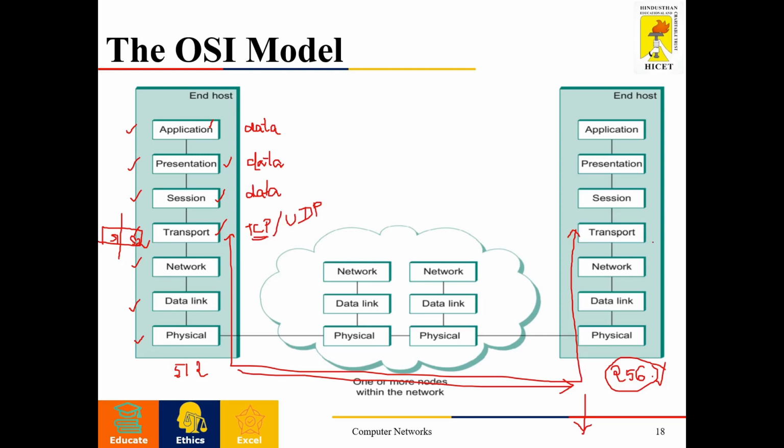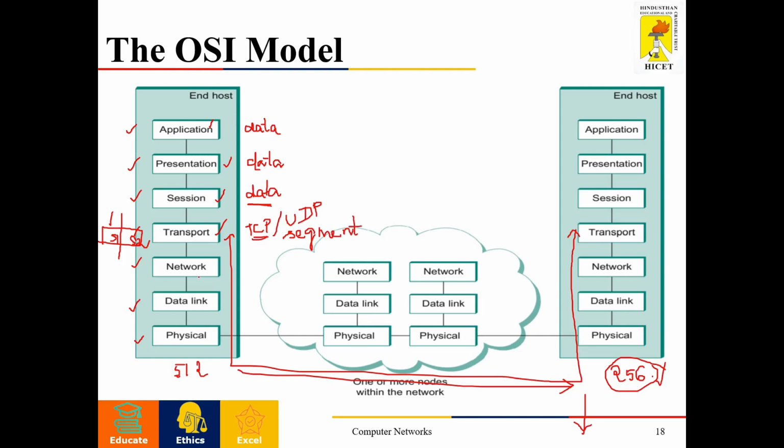Once they reach the destination, reassembly can be done if all the packets have a sequence number. For that reason, in the transport layer, the data is represented as a segment, and each and every segment will have a sequence number. It also does connection control, flow control, and error control.